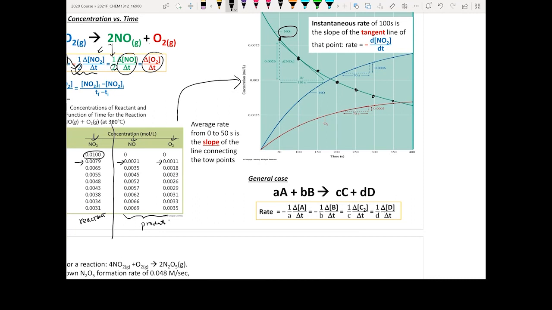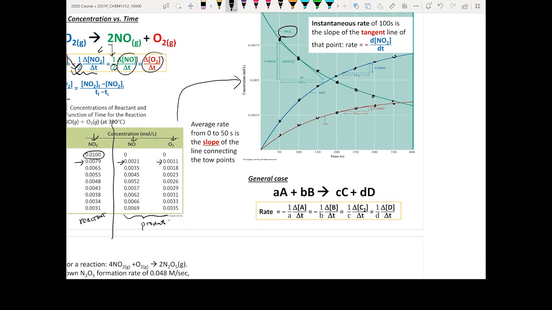Then you can also plot out the same data for your products. This guy is for your NO, and this guy is for your O2. Once you finish all these data collections, the next thing you do is fit those data. That's why you see this nice curve going on.